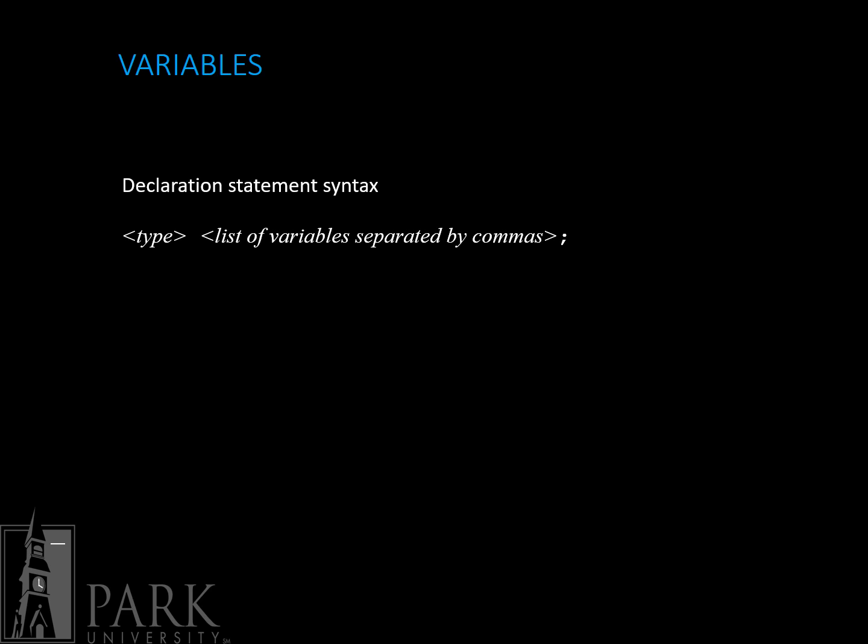So how does a computer know which type of data a particular variable can hold? Well, before the variable is used, its type must be declared in a declaration statement. And a declaration statement looks a little bit like this. You have your type, like what type of variable is this, followed by a list of names, and then ending with a semicolon.